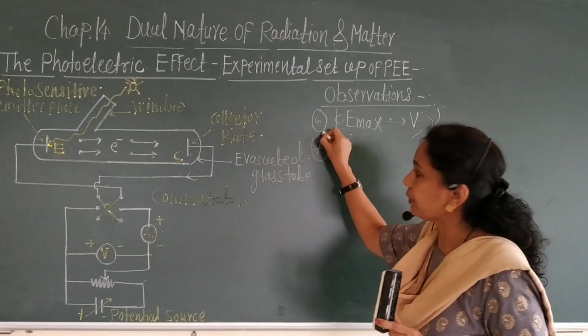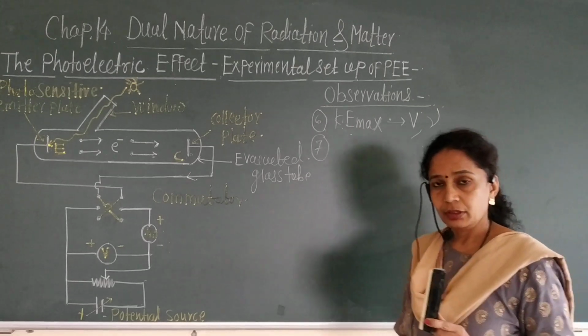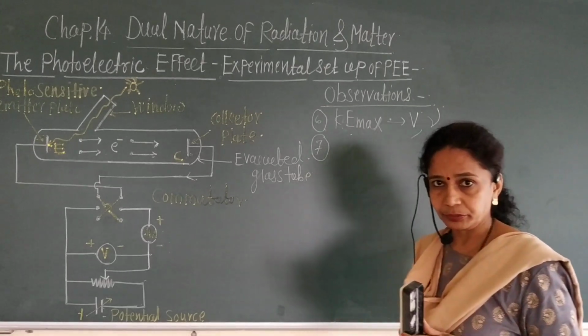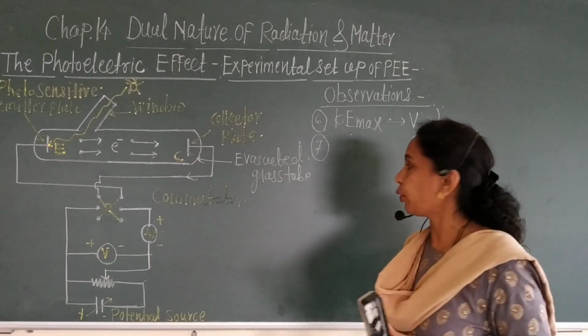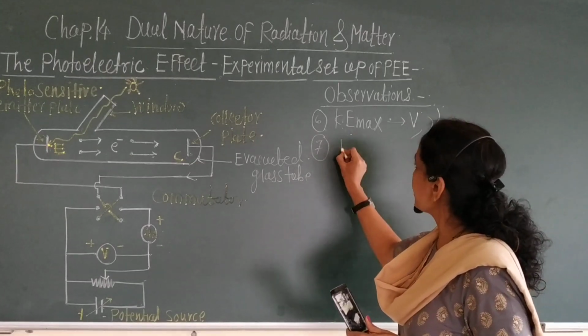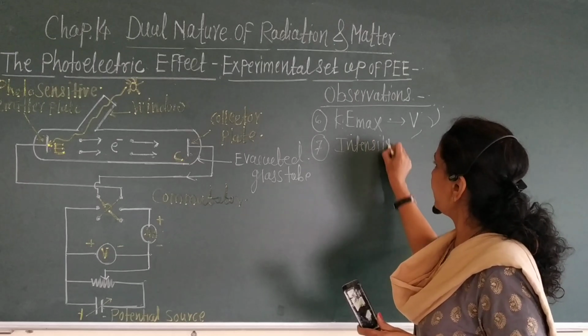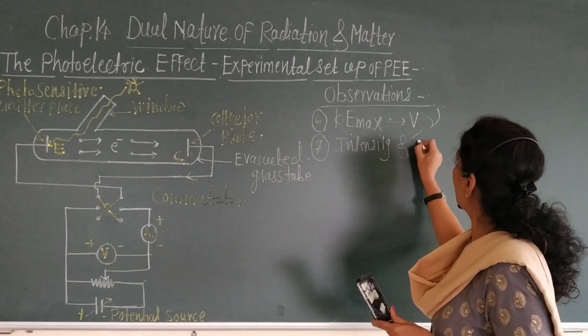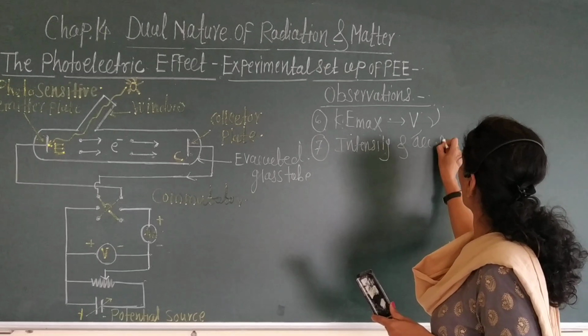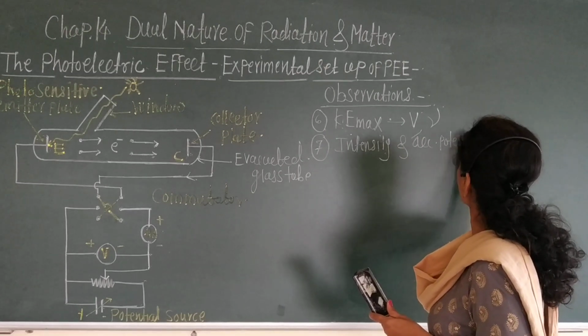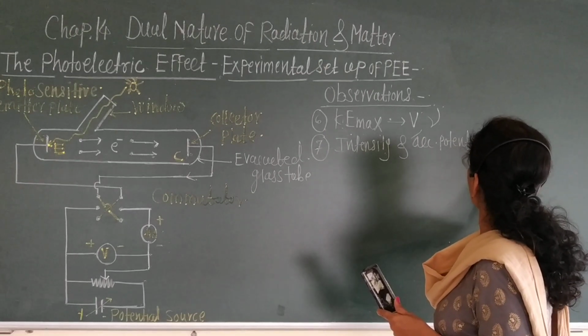Then the 7th point. To see the observations related to the 7th point, keep the intensity of incident radiation and accelerating potential constant.